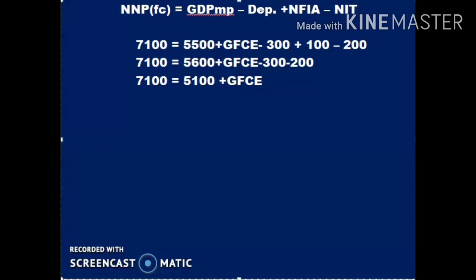Then what will be the GFCE? GFCE is equal to 7100 minus 5100. So the answer is 2000, which will be the GFCE. Hope you understood the problem.